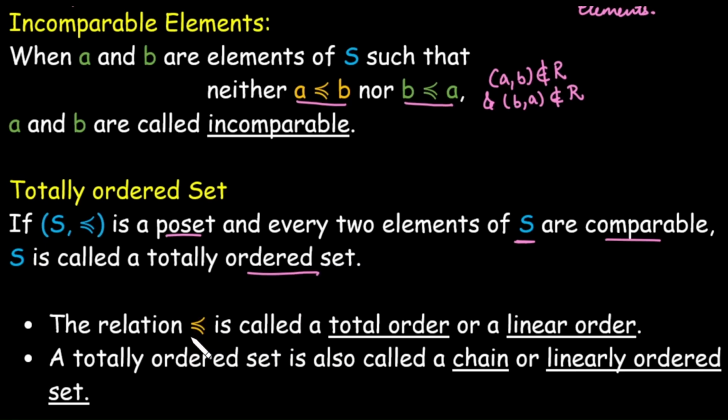And in this case, whatever relation we have is called a total order or linear order. Sometimes a totally ordered set is called a chain or a linearly ordered set.